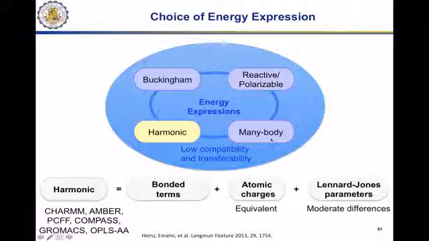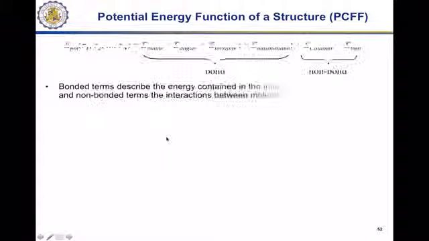If you use many-body energy expressions like EAM and modified EAM for metals, then we cannot really pair this up with organics. And actually, also in quantum mechanics, we don't have many-body interactions. It's all described by pairwise interactions, Coulomb and van der Waals type. So this is a choice we made.